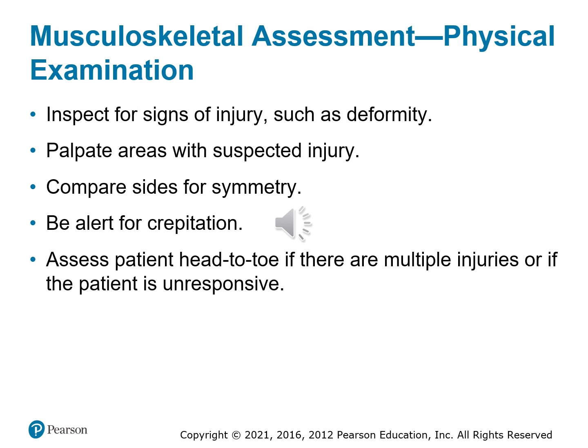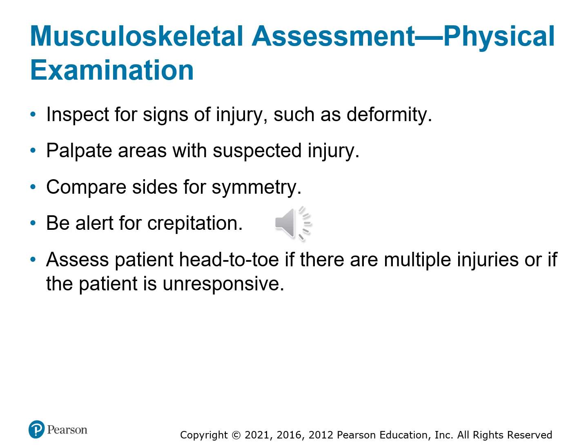As you're inspecting the patient, we're looking for any deformities, and this includes the extremities. We want to palpate the area where the injury has occurred. We want to compare the right to the left, looking for symmetry. Be alert for crepitus.